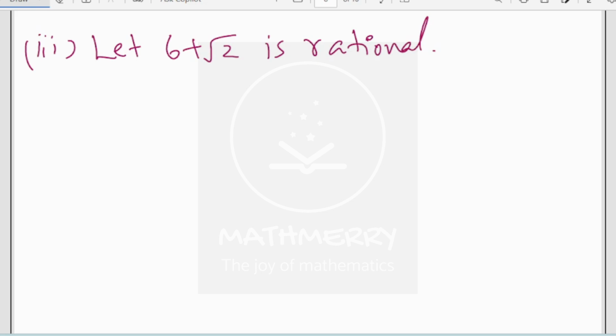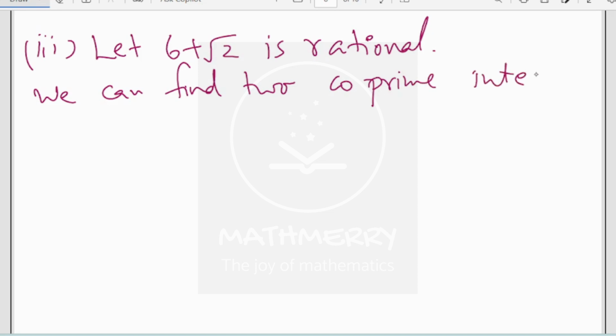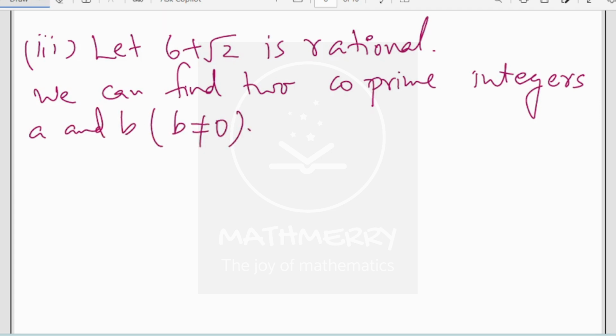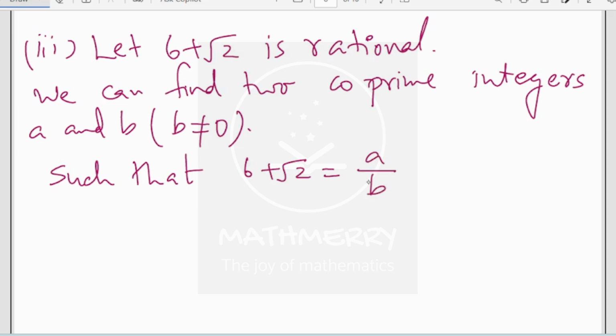Now if it is a rational number, we can find two coprime integers a and b, where b is not equal to 0, such that we can write 6 plus root 2 is equal to a by b. Now we have to isolate the root 2. So root 2 is equal to a by b minus 6.